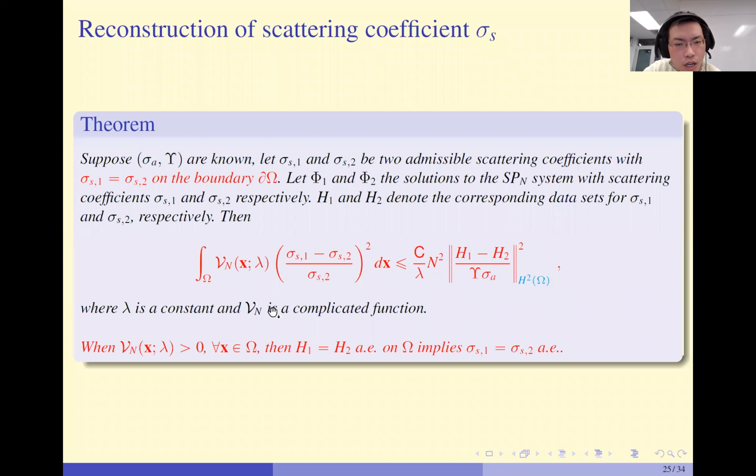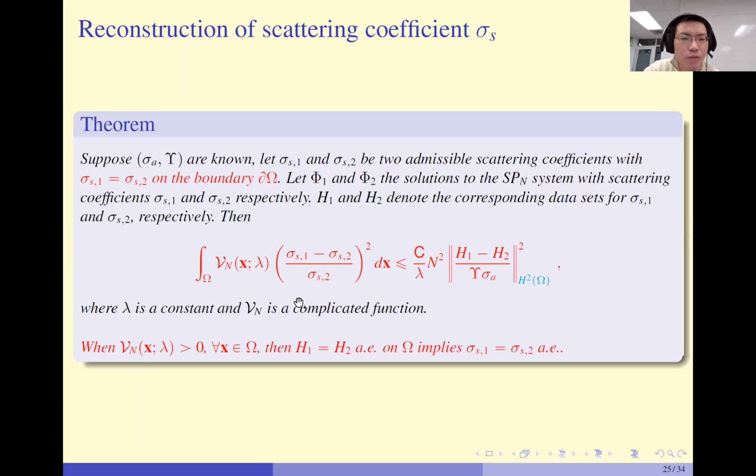They request more regularity of the initial pressure field. Also, to make this inequality a stability estimate, you will need this V_n to be positive. But this V_n function is not necessarily positive. It is only positive under certain conditions. So this inequality is not necessarily a stability estimate.